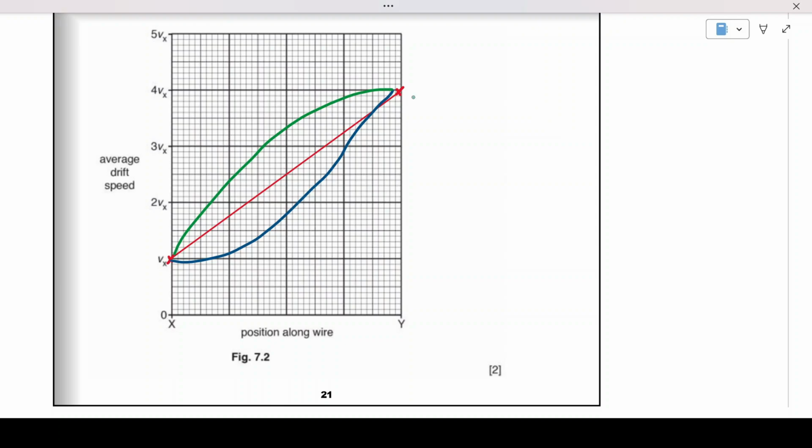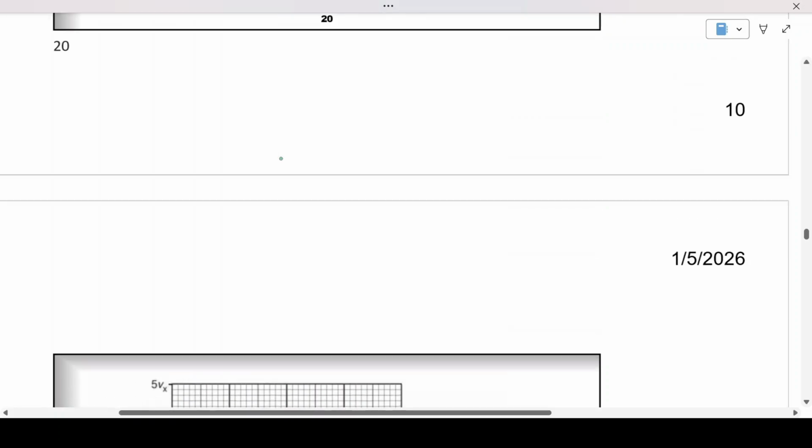So the right way is that we must find the drift speed at another value as well. So I can find the drift speed exactly in the middle of x and y, and then we can see the trend of the points and draw the line accordingly.